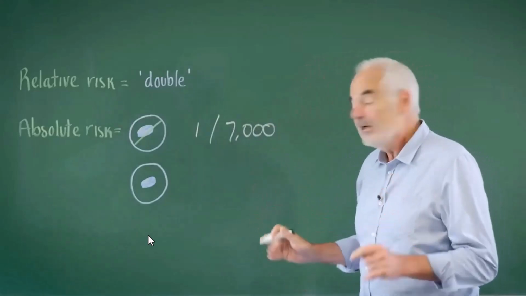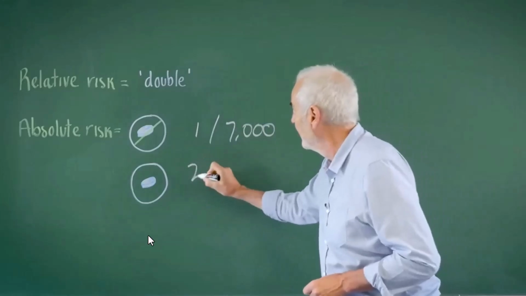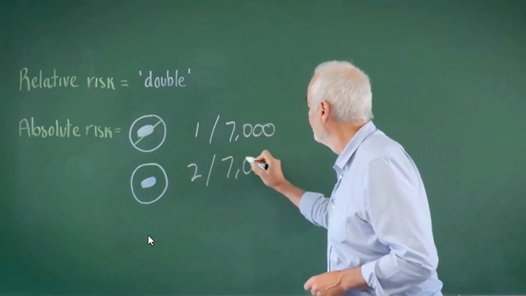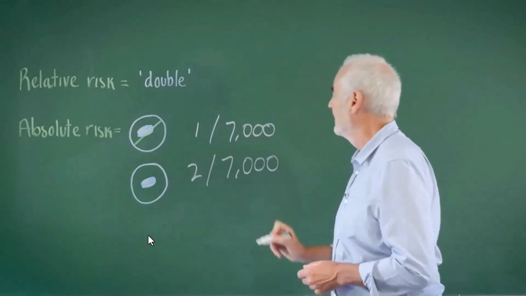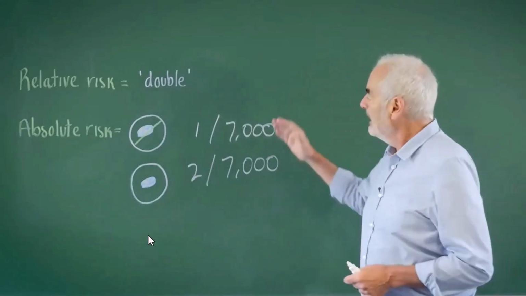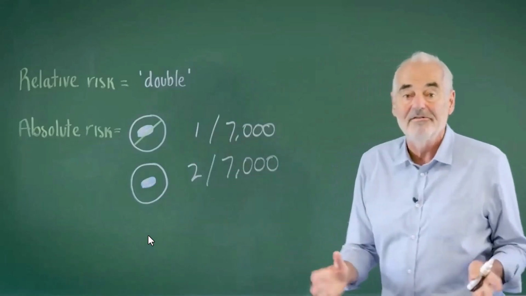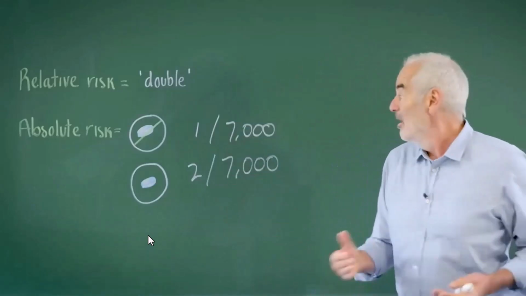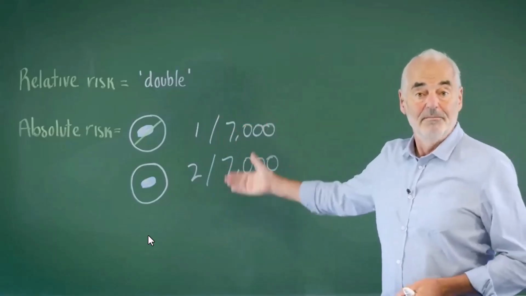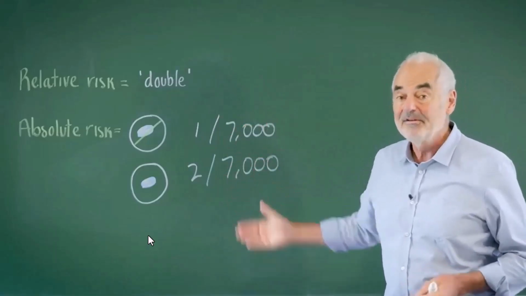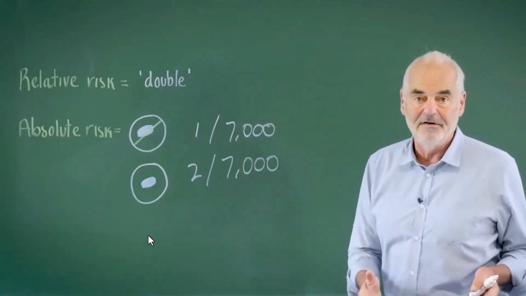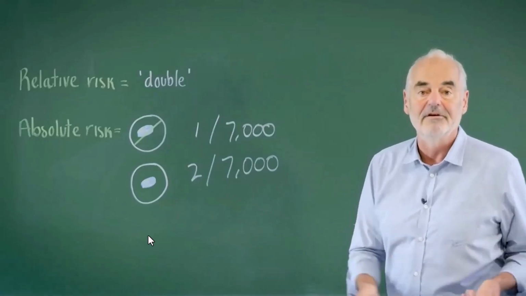So the doubling takes that up to 2 in 7,000 in the group of women who are taking that contraceptive pill. So the increase in absolute risk is 1 in 7,000. And this, to be honest, is fairly small. We think this is a much better way to communicate that risk, and perhaps if it had been done that way in 1995, there would not have been such negative consequences.